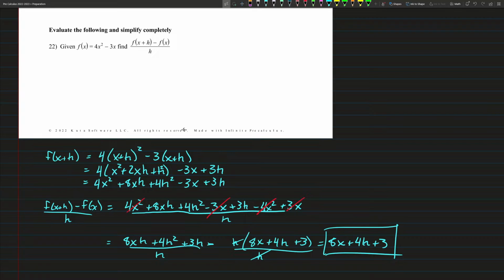Okay, as we are maybe coming up with questions, shouldn't it be negative 3h on top? No. Yes.